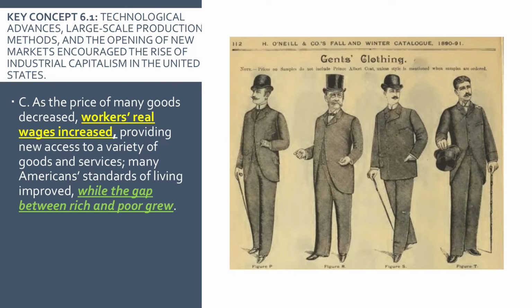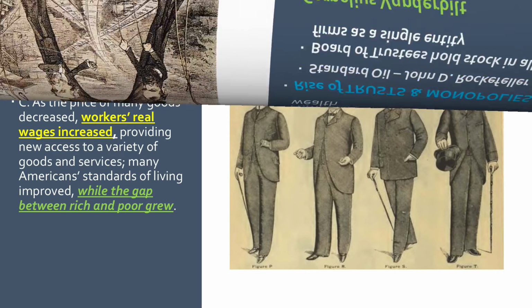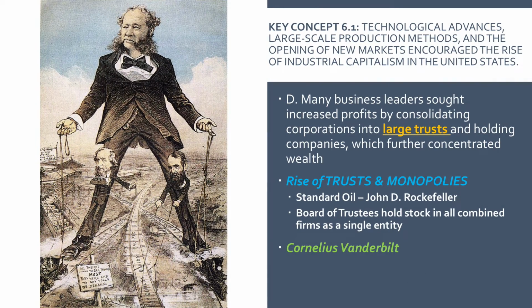The standards of living do improve at this time period, but we are going to see a massive gap emerge between the Carnegies and Rockefellers and Cornelius Vanderbilts of the world and us. Right? That's going to happen as well. We're going to get into the labor movements in the next video production that we'll do here in just a little while. And we'll end it here in letter D.